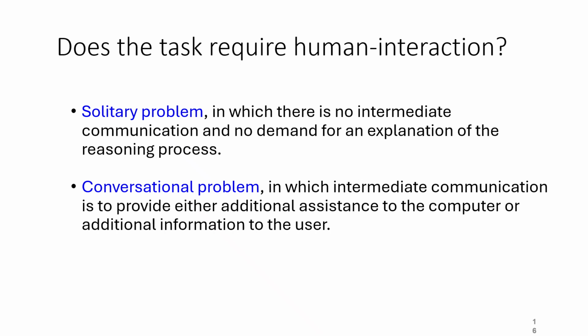A chess program is also an example of a non-interactive problem. The next one is the interactive problem, or we can say conversational problem, in which the intermediate communication is to provide either additional assistance to the computer or additional information to the user. So interactive systems need explanation capability, whereas a non-interactive system works independently.